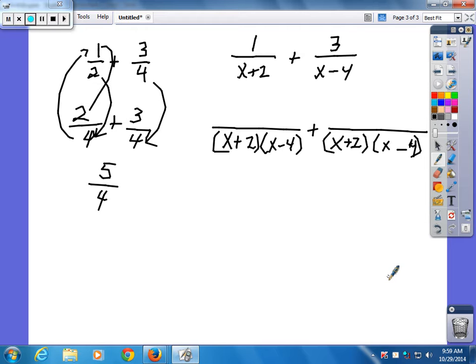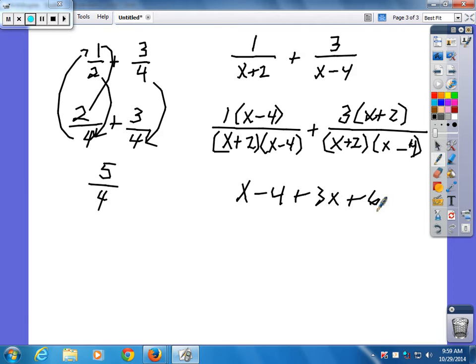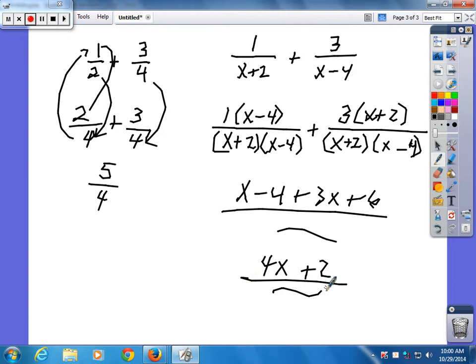Now how many times will this go into this? x minus 4 times 1 is 1 times x minus 4. x minus 4 will go into this x plus 2. And then you get x minus 4 plus 3x plus 6 over the common denominator. And that would be 4x plus 2 over the common denominator. You ain't going to be able to cancel anything out, so that's your answer.